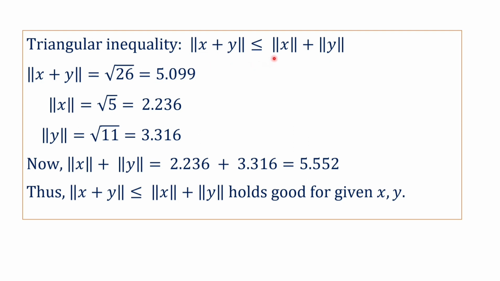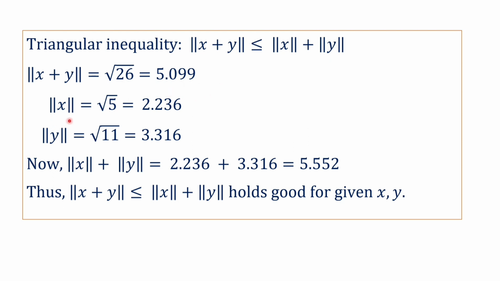In the same way, the triangular inequality is written as the norm of x plus y less than or equal to the norm of x plus the norm of y. Again, all the calculation is done. The norm of x plus y is square root of 26, which is 5.099. The norm of x is square root 5 and the norm of y is square root 11.